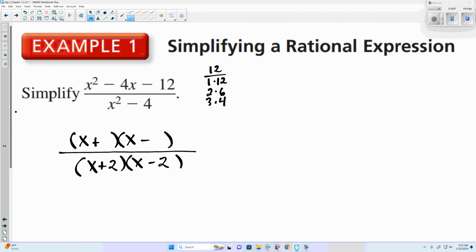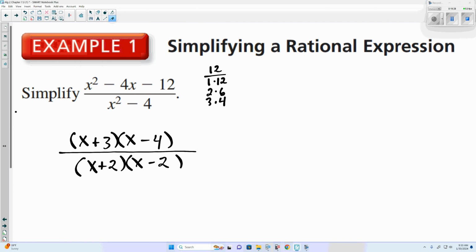Now, for this to simplify, we need to have something in common on top and bottom, yes? So I could try 3 and 4. But either way I put 3 and 4, I wouldn't have something in common on top and bottom. Even if I switched the 3 and 4, would we have something in common? No. So out of all the factors that we have for 12, the only ones that would actually give us something in common is 2 and 6, yes?